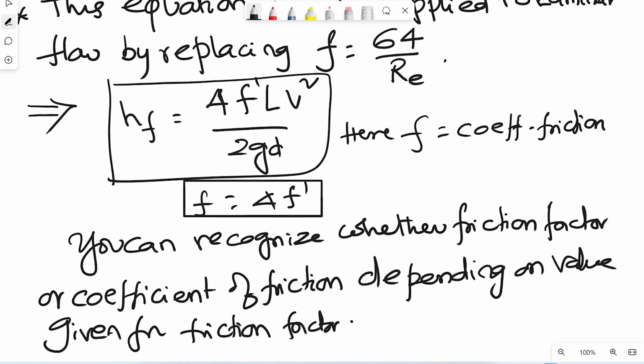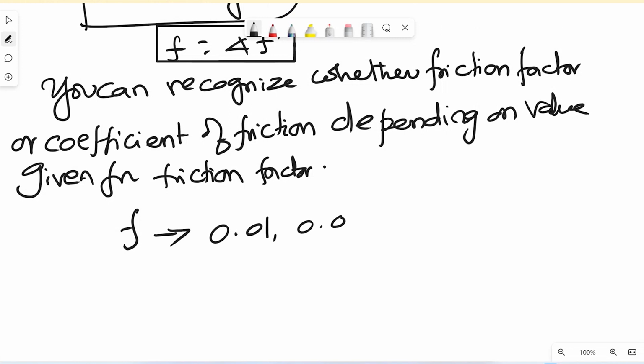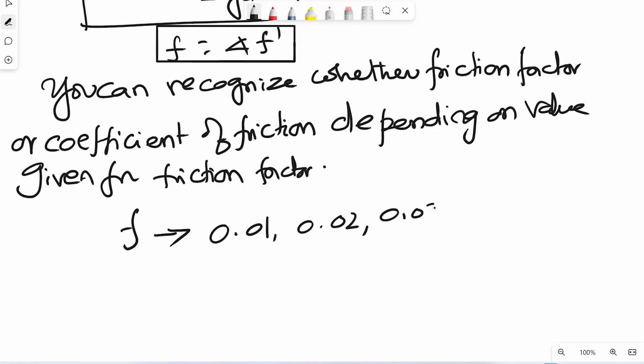Yesterday itself I mentioned that the friction factor will generally be of the order of 0.01, 0.02, 0.03, 0.04, 0.05, 0.06, 0.07 approximately.